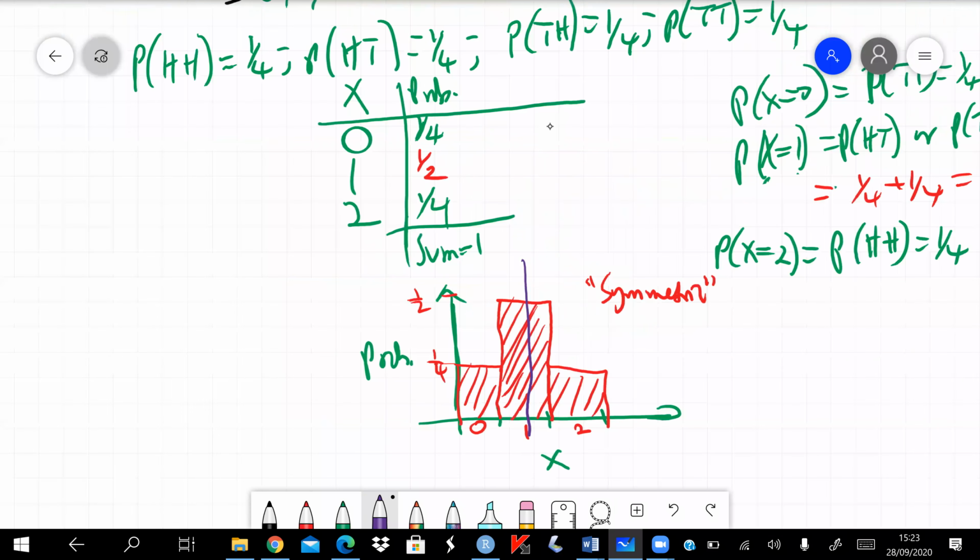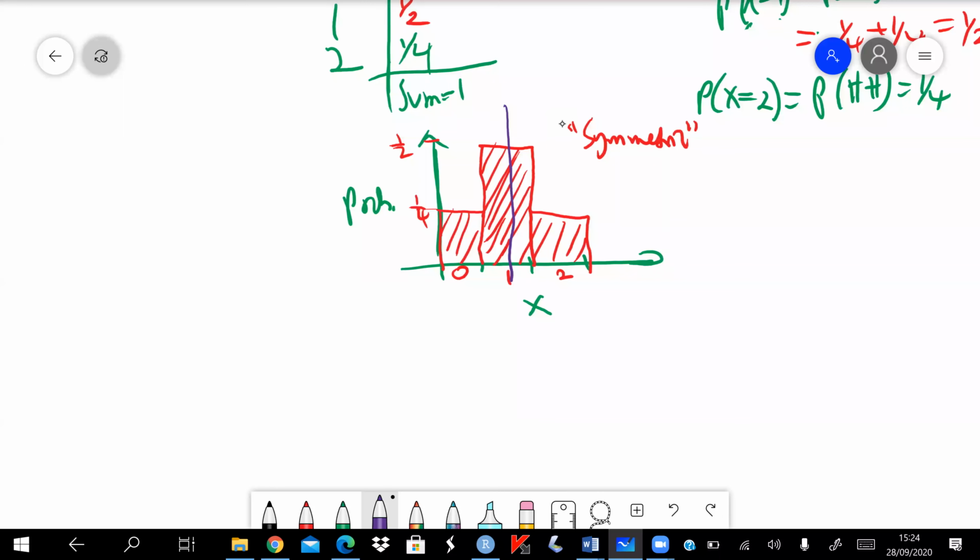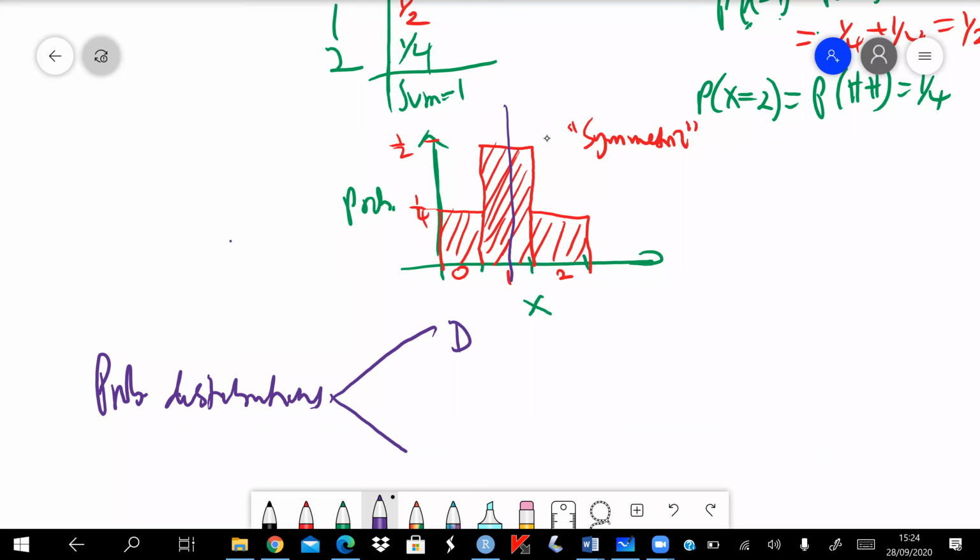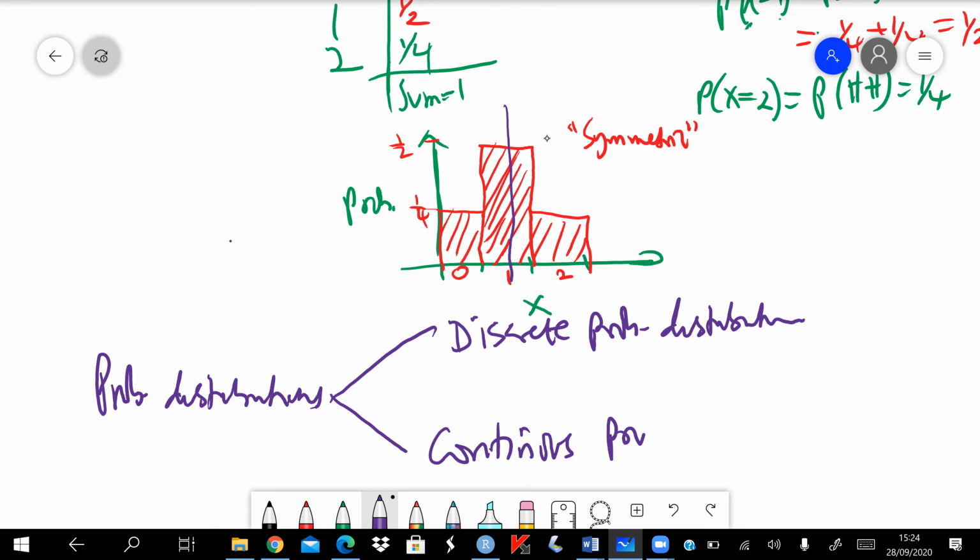Now, probability distributions can be broadly classified into two. This classification depends on the type of variable, and we've said that we're working with quantitative variables. So based on the variables, probability distributions can either be discrete probability distributions or continuous probability distributions.